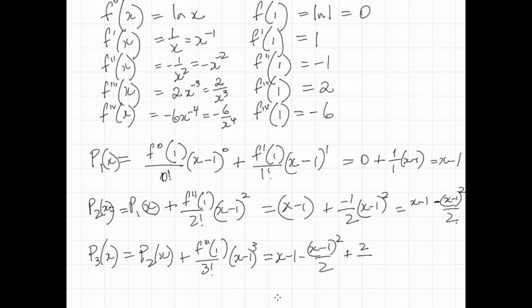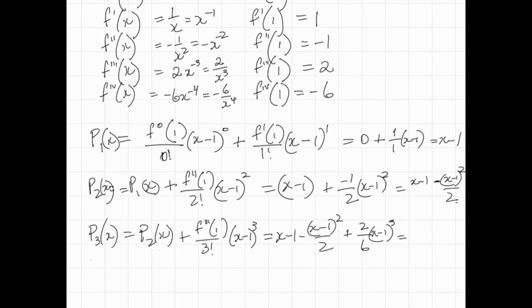So 2 over 3 factorial is 3 times 2 times 1, so that's 6, x minus 1 cubed. So that's equal to, we probably need to go on the next line there. So x minus 1 minus x minus 1 squared on 2 plus, 2 into 6 goes 3, x minus 1 cubed on 3.